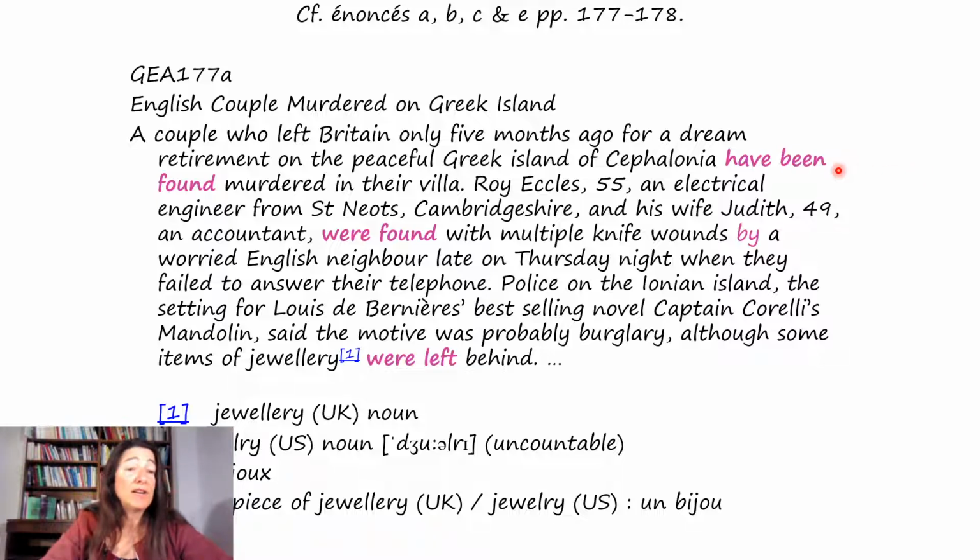And that marker is late on Thursday night. Okay, so late on Thursday night is the marker that shows that the speaker, the narrator, is focusing on a point in the past, Thursday night.